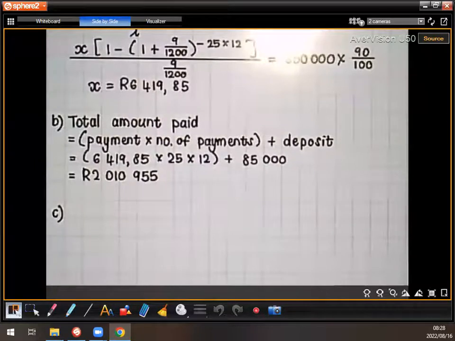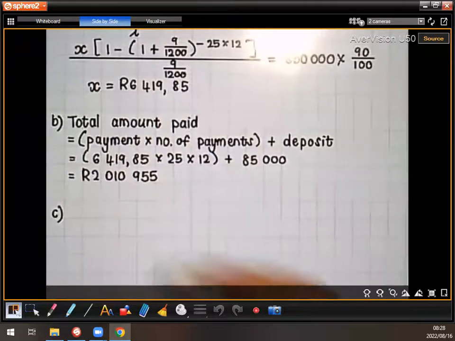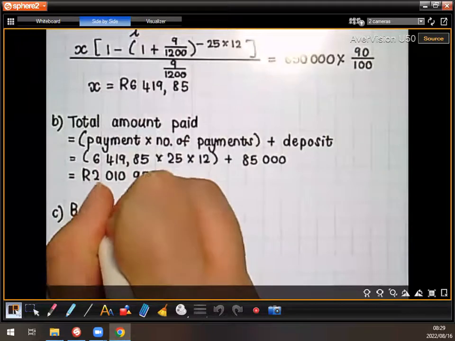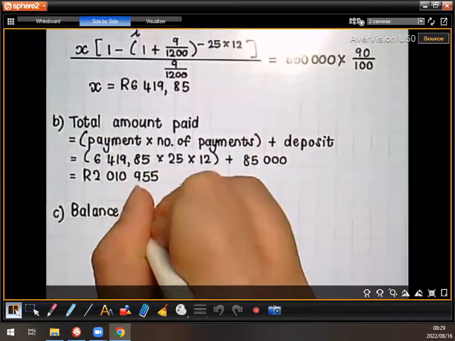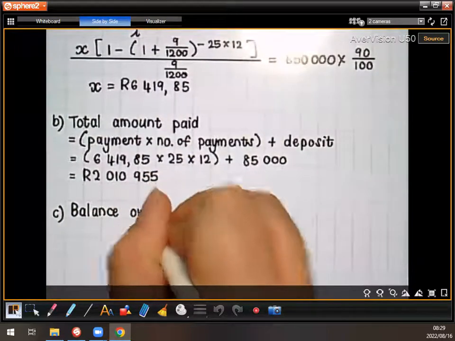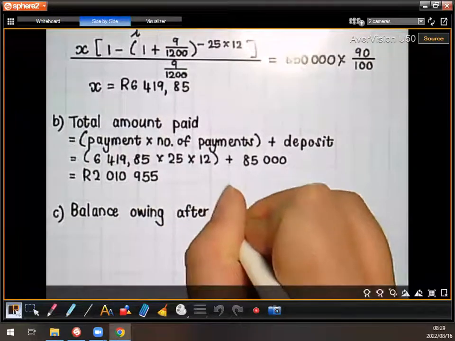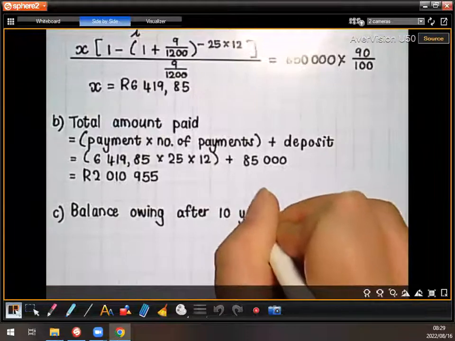There are two ways of calculating it. I'm going to show you the one that I prefer, and then I think tomorrow I'll show you the other one. So, let's write here: balance owing after 10 years.